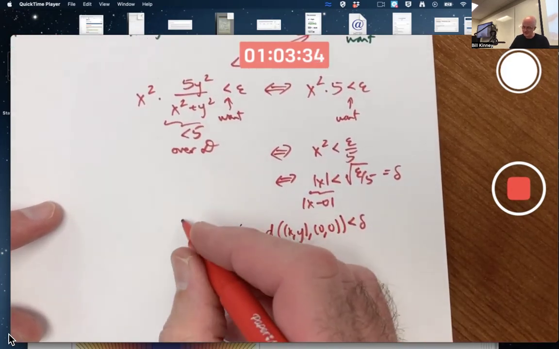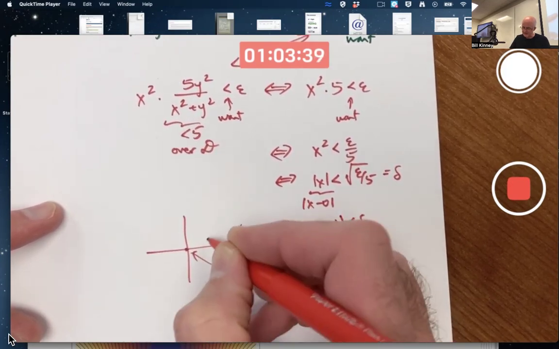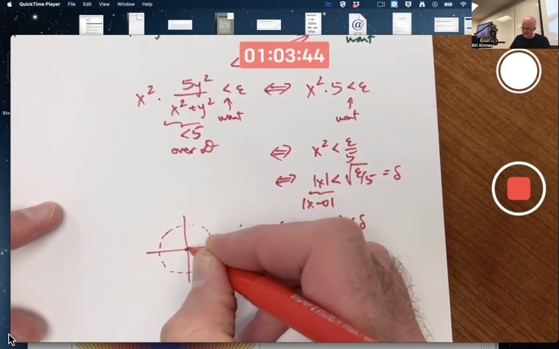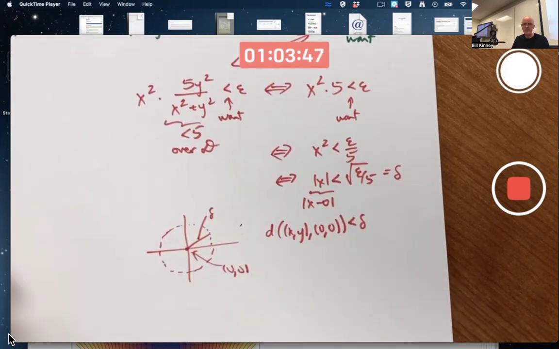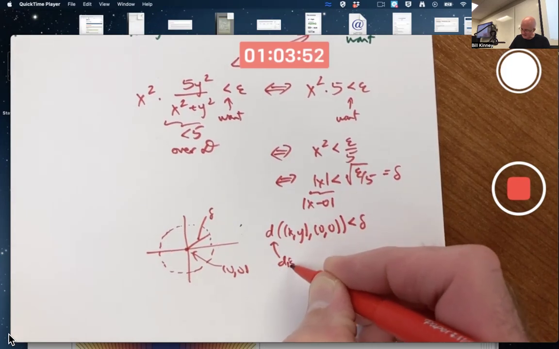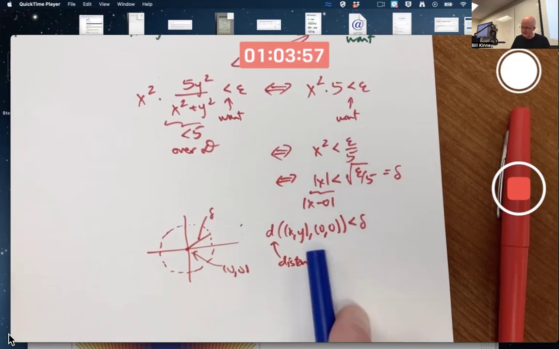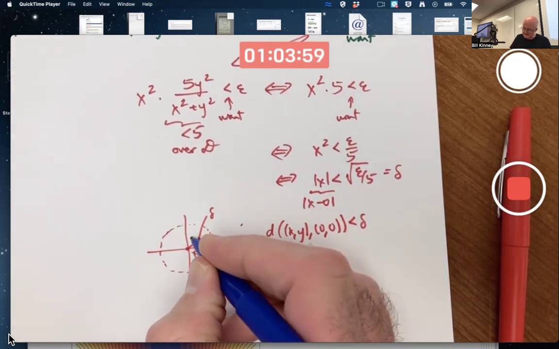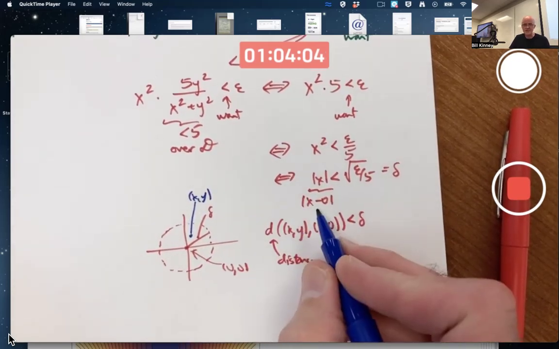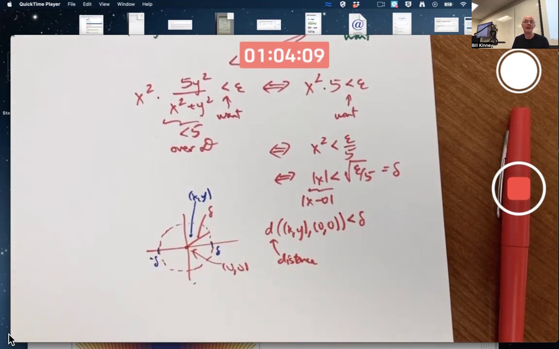Draw a picture here. Here's the origin, 0, 0. Consider a disk of radius delta centered at the origin there. If my point, the D here represents distance, if my point xy is within a distance delta of the origin, meaning it's inside this disk somewhere, then certainly x itself will be between negative delta and positive delta, the x coordinate of that.